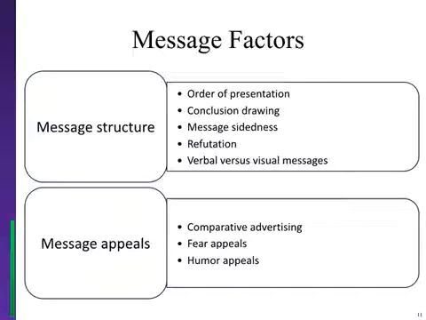And then also the type of appeal, these are also factors in the message. Is it using some sort of comparative appeal that's comparing directly or maybe indirectly to another product or service in the same category? Is it trying to appeal to fear, using a fear tactic, or is it using humor to try to evoke a certain response from the receiver?